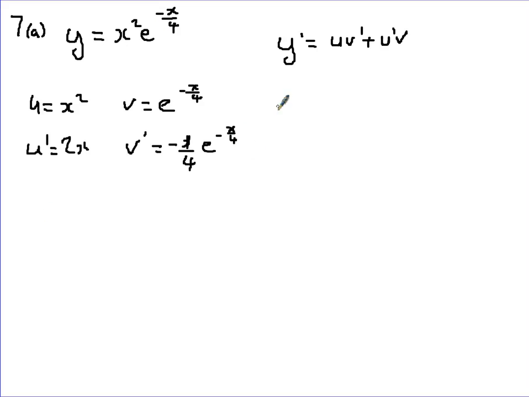So then y dash will equal u, which is x squared, times by a quarter e to the minus x over 4, plus then u dash is 2x, and v is e to the minus x over 4.